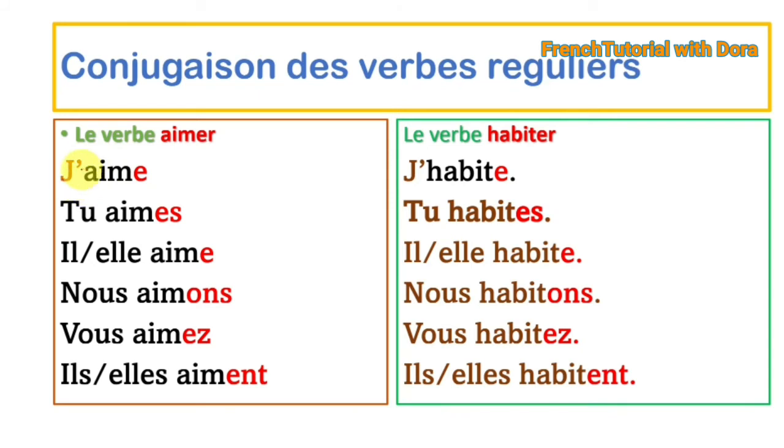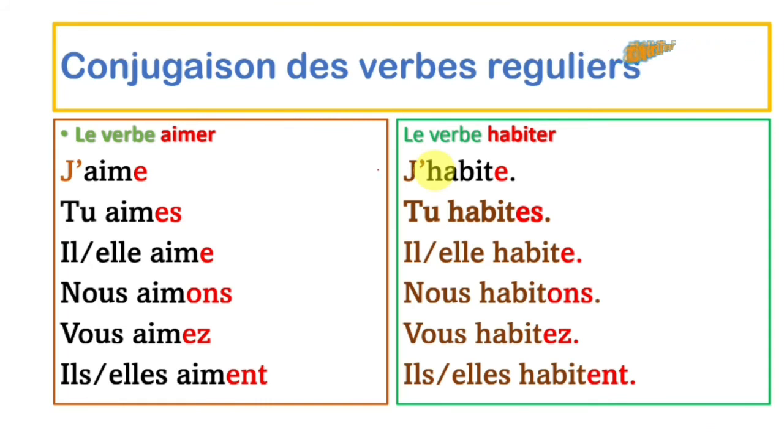You will not write the je in full, because there's a clash in the vowel sound, so the e is swallowed. This is what we call elision in French. Whenever the verb begins with a vowel or a semi-vowel, which is just H, the first person will take j apostrophe.